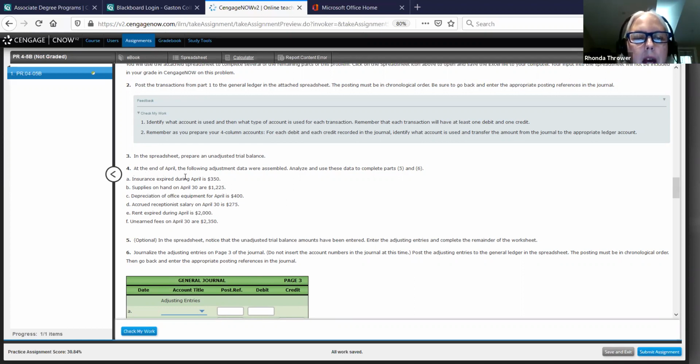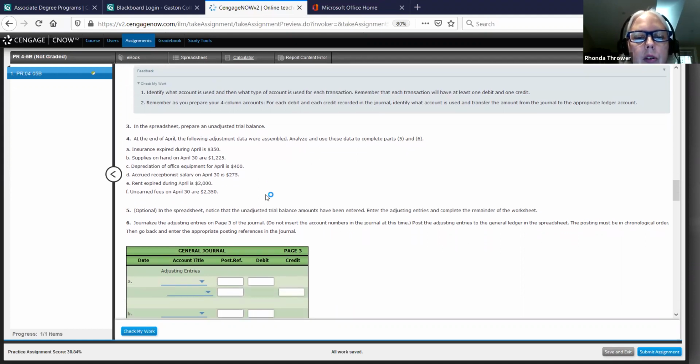At the end of April, the following adjustment data were assembled, and they want you to analyze and use this data to complete parts 5 and 6. So what we need to do first of all is analyze the data, and then record it in the form of adjusting entries.